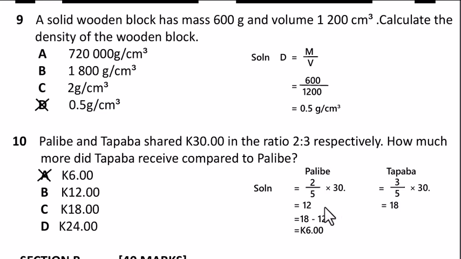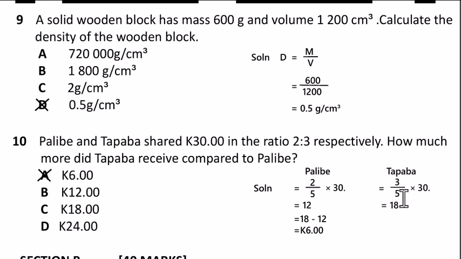For Tapaba, it's 3 over 5. We know that he has a higher ratio, so he will have a bigger portion.